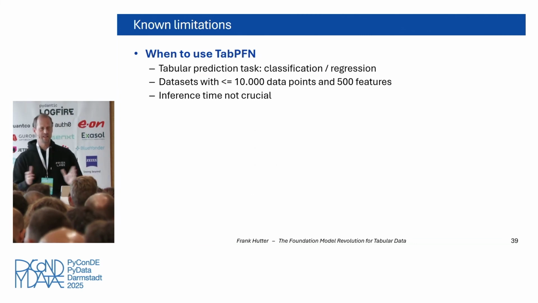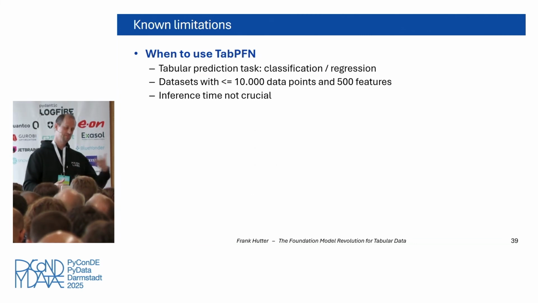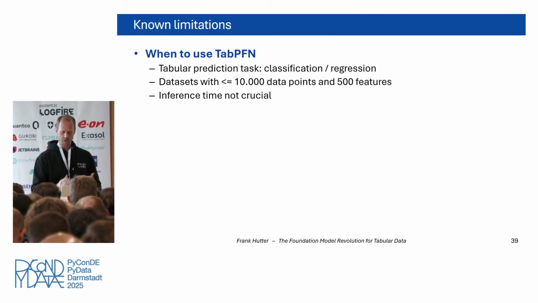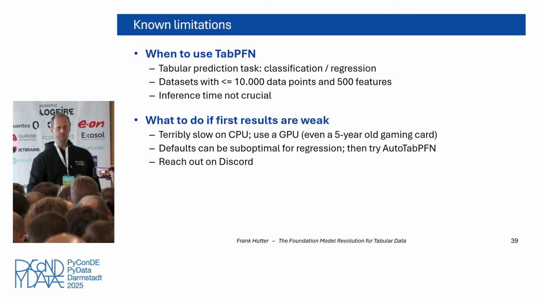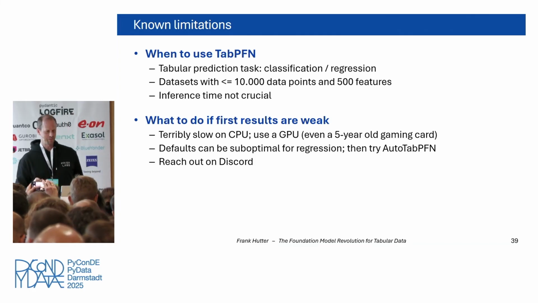All right, some known limitations. So when to use TabPFN, I mentioned it. When you have tabular prediction tasks, classification or regression, small data sets up to 10,000 data points and 500 features, and when inference time is not crucial. If you try it and the results are not so great, maybe it's because you tried CPU. CPU is terrible. You need to use a GPU.